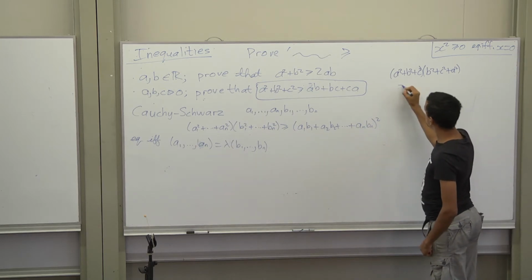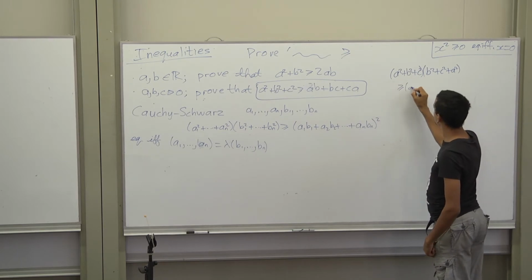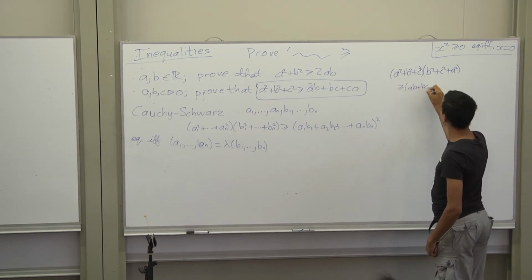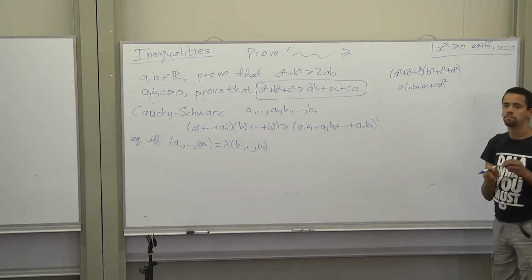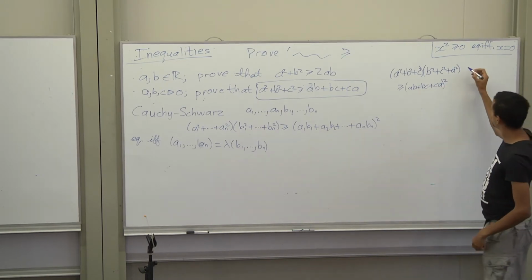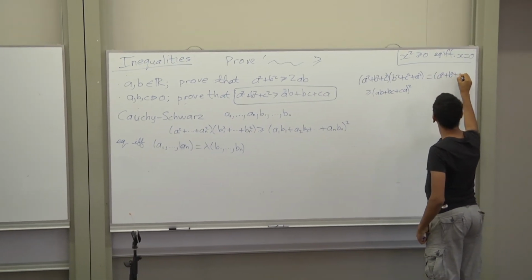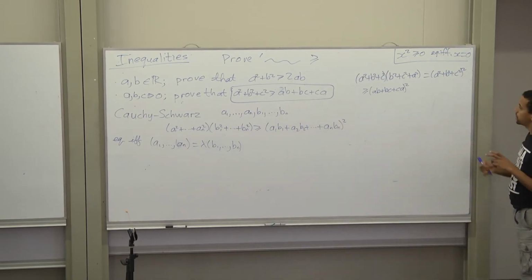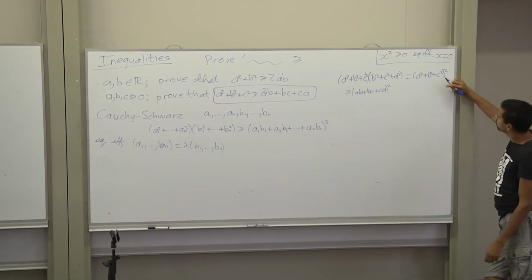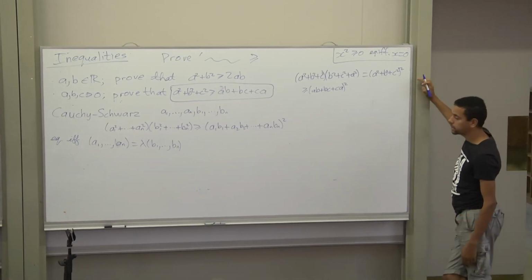Cauchy-Schwarz tells us that's greater than or equal to the pairwise product, so A goes with B, B goes with C, C goes with A, all squared. And obviously the top is equal to A squared plus B squared plus C squared, squared. Now, I have that one number is non-negative, because those are all squares. If you add squares, it's still non-negative.